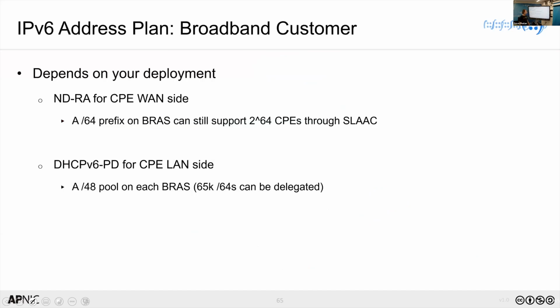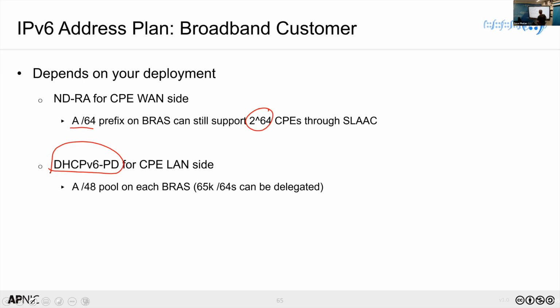We go and have a look at the first one. This is going to depend on your deployment. So we can use NDRA for the WAN side. Dedicate a /64 for each of those, so we can still do 2^64 CPEs. And then we do DHCPv6 prefix delegation for the LAN side.